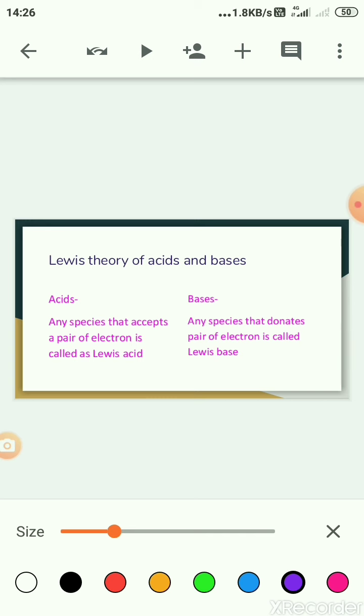What is meant by incomplete octet and what is meant by expanded octet? Incomplete octet means compounds containing less than 8 electrons.